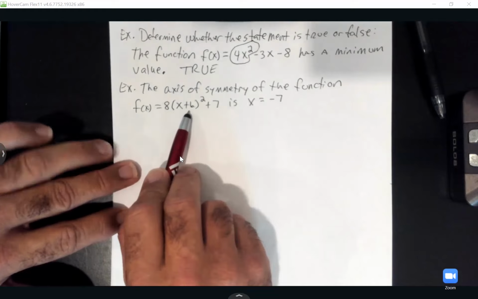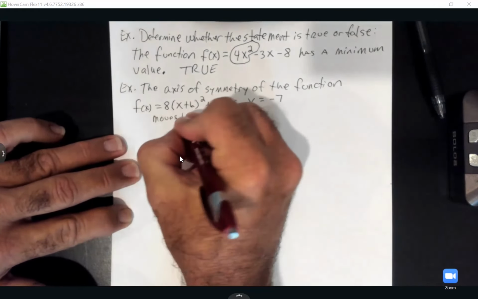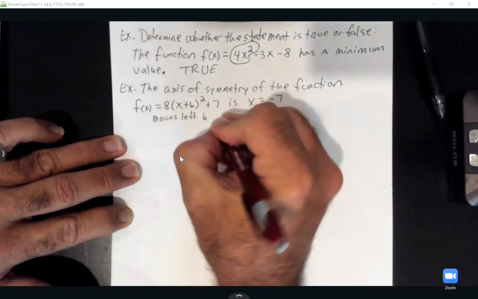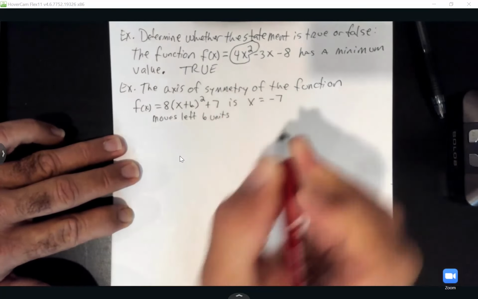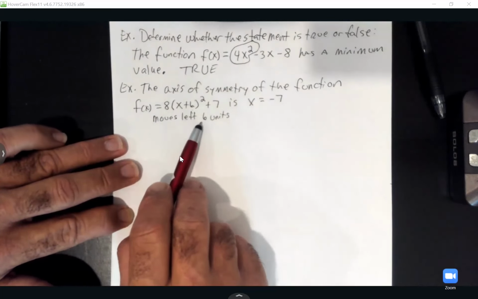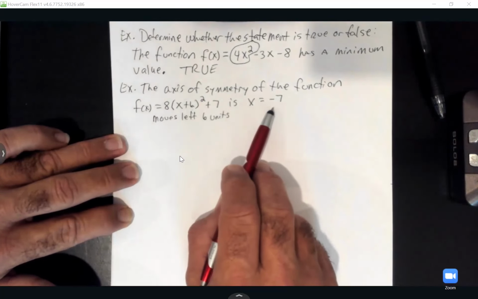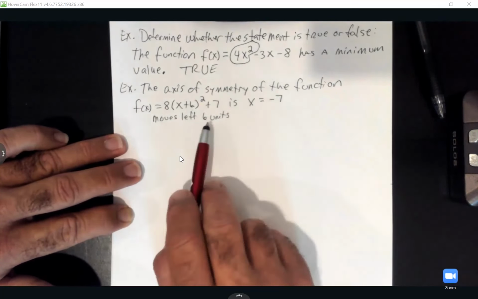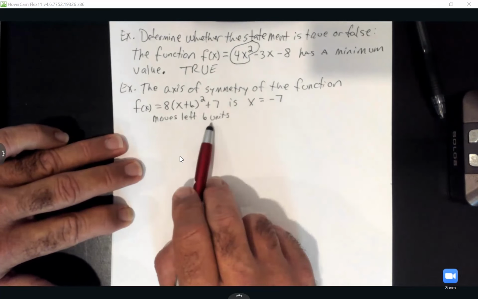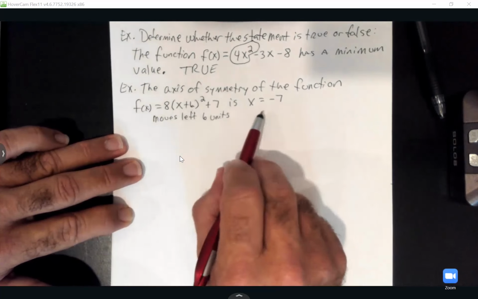Well, since that's a positive 6, this graph is going to move left 6 units. So if it moves left 6 units, that's going to put it at negative 6 and not at x equals negative 7.